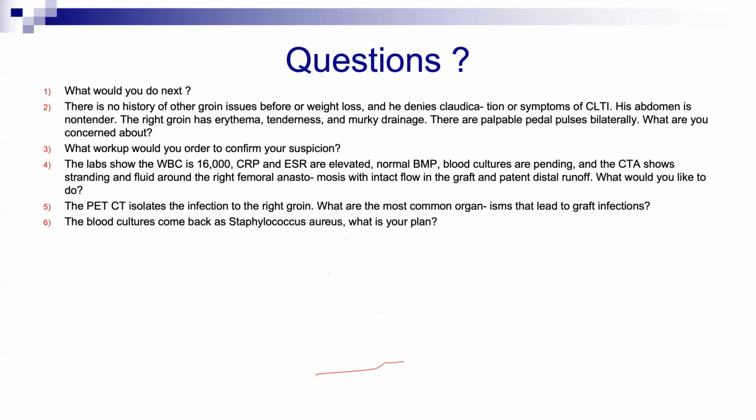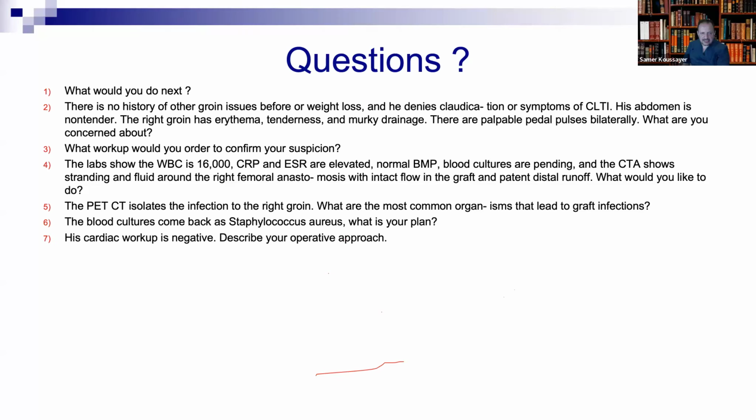So what's the next step? His cardiac workup is negative. Describe your surgery. First, I do a reconstruction of the limb to maintain blood supply to the affected limb by FEM or AxFEM. No, just a second.